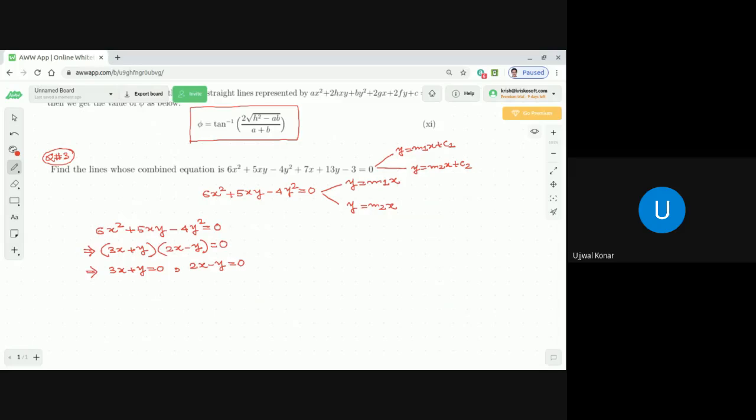So now what we will get is that our required equation should be something like that.